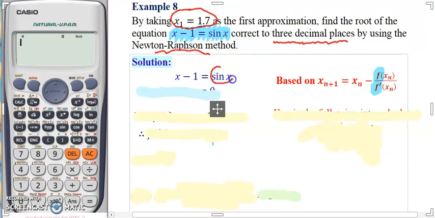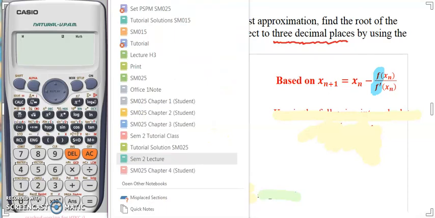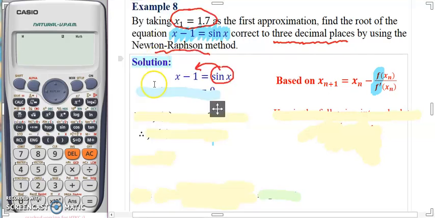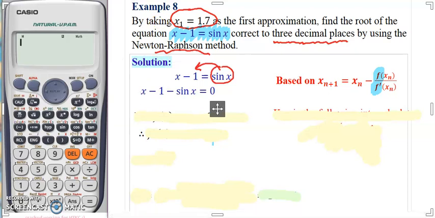For example, I rearrange the sine to the left hand side, and as a result I have x minus 1 minus sine x equals 0. This is the result I obtain when I rearrange the sine over to the other side. Of course, it's optional; you can rearrange x and minus 1 to the right hand side. But in this case, I rearrange in this way.